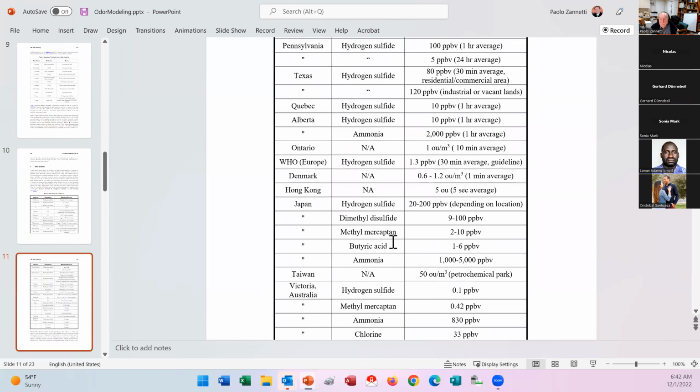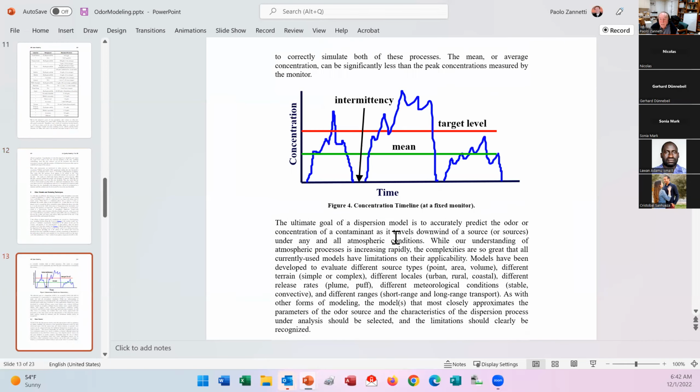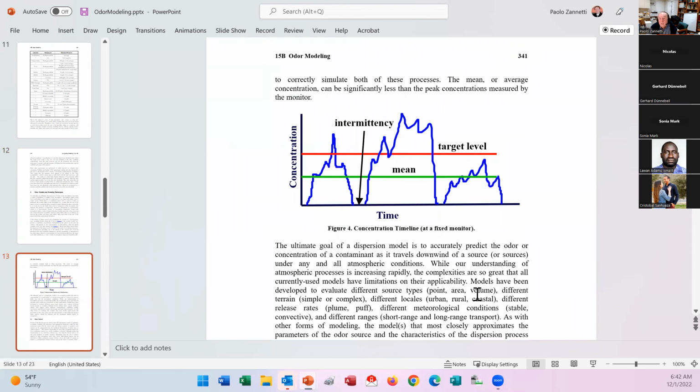There is another plot here that explains the challenge. Typically, if we measure the concentration in the air of any chemical, but in this case, we are dealing with an odorous chemical, what we see, if we measure minute by minute with an instrument with a high resolution, typically is something like the blue line over time, going up, going down, going up, going down, and so on.